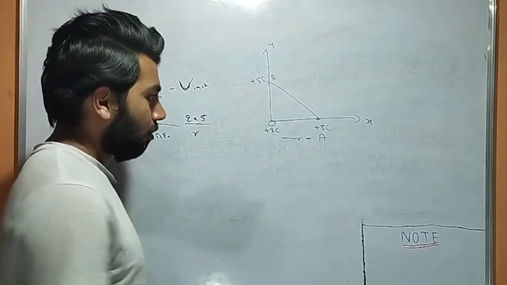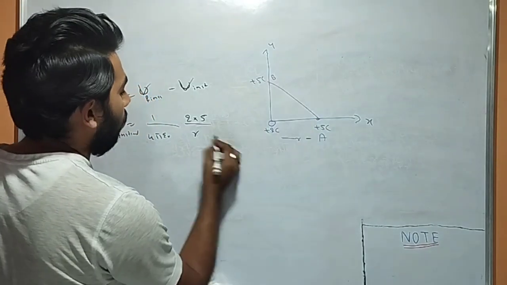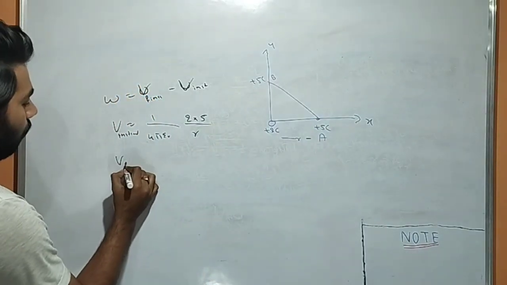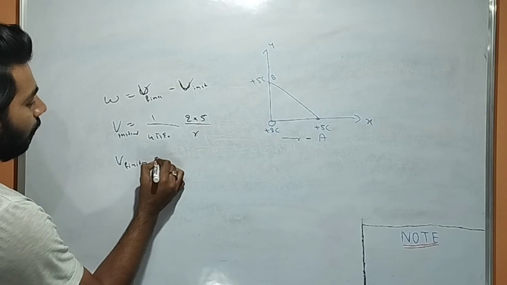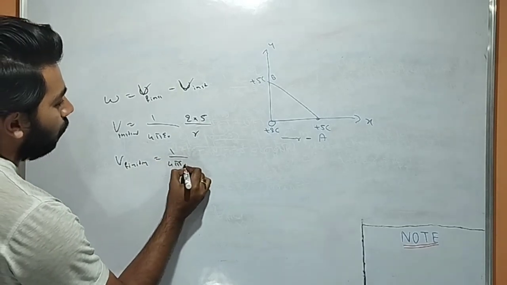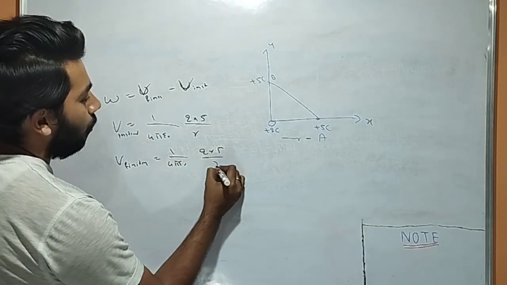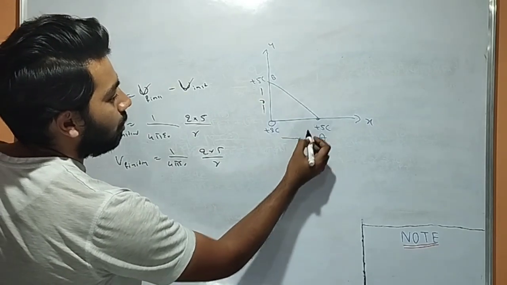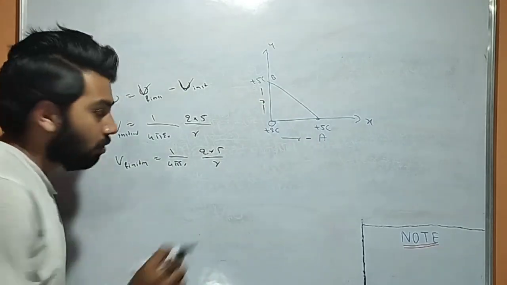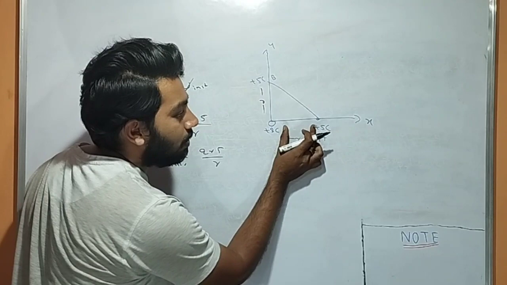Say r is 5 centimeter, because this is a distance of 5. And the final will also be the same, 1 by 4 pi epsilon naught, 2 into 5 divided by r, because this is r, this is also r. This is 2, this is 5, at the same distance.